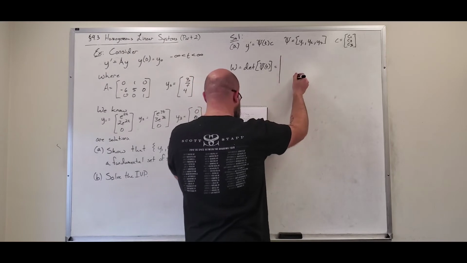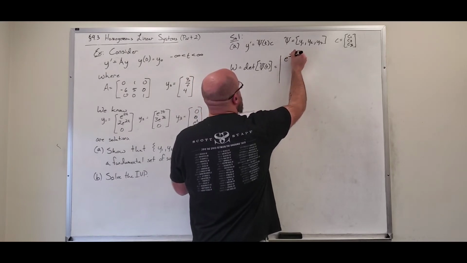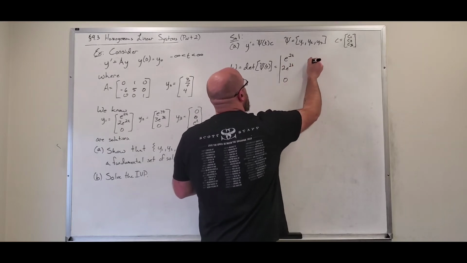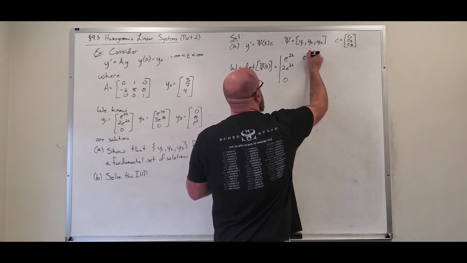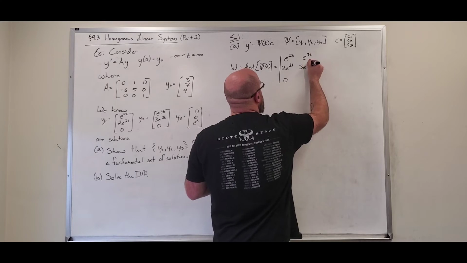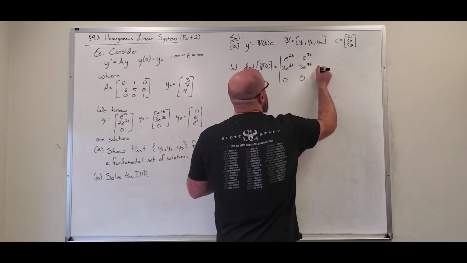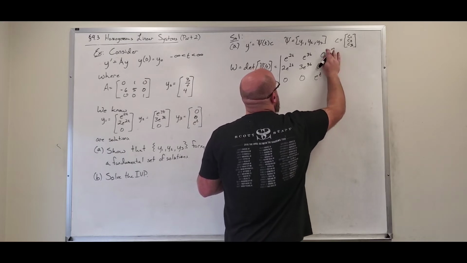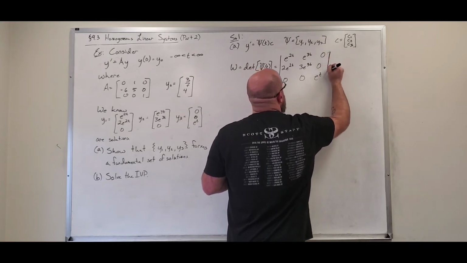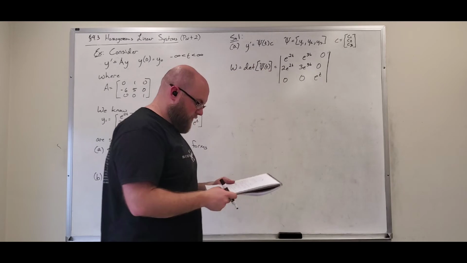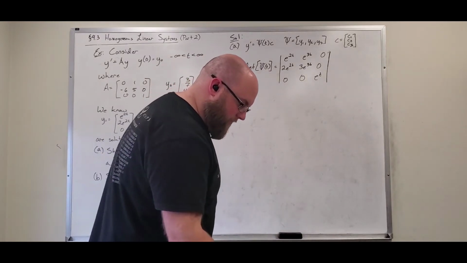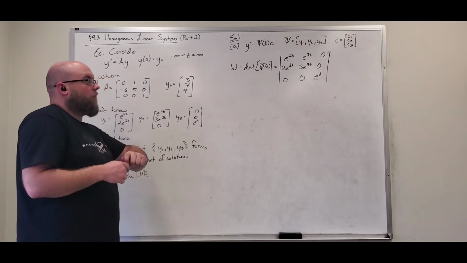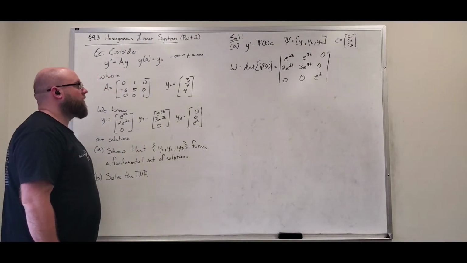All right, so we're going to look at the determinant of e^(2t), 2e^(2t), 0. y2 was e^(3t), 3e^(3t), 0, and 0, 0, e^t. All right, so we take the determinant of this. So one thing, when you're finding the determinant, you could choose a row or a column to come up with this.